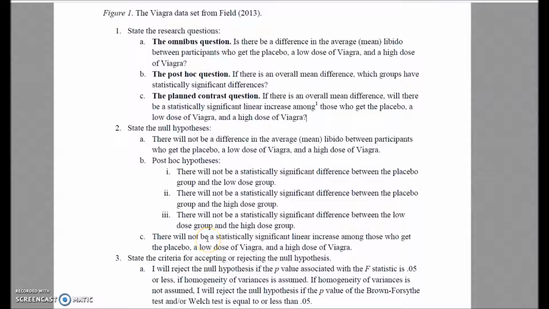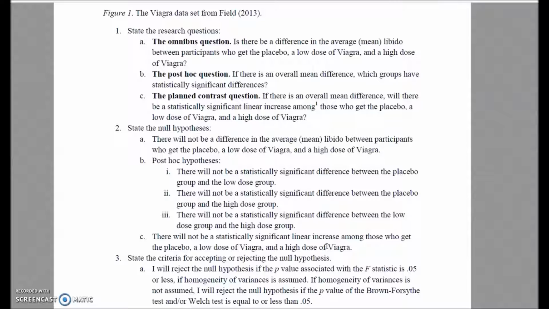And here it is saying there will not be a statistically significant linear increase between placebo, low dose, and high dose. So in planned contrast, our hypothesis was that the libido will increase linearly. Placebo will have the least, then the low dose, and then the high dose. So it is going to increase linearly.